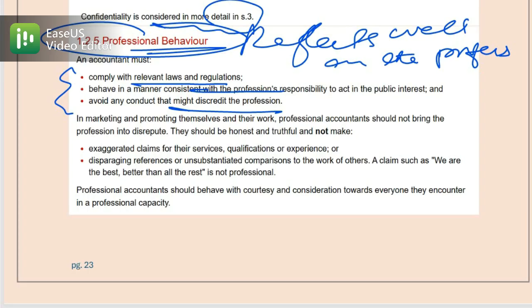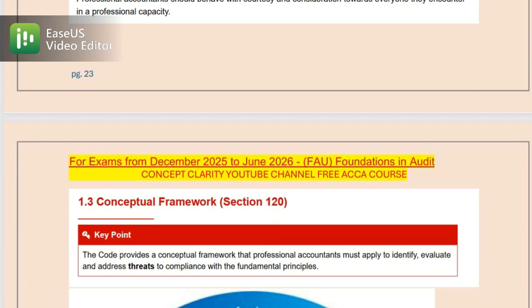You must not discredit or degrade the work of others. Saying something like, we are the best firm in the country, all others are mediocre, is not professional behavior because you are degrading others. Okay. And you should always behave with courtesy and consideration toward everyone you encounter in a professional capacity.